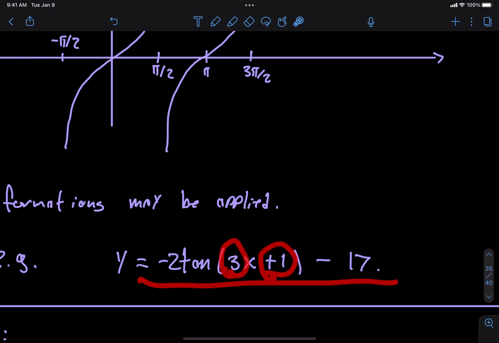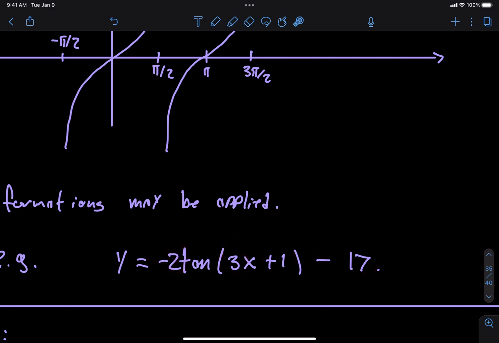And then what do we have? We have a vertical stretch by a factor of 2 and a vertical reflection about the x-axis. And then finally, vertical shift down 17. So that's just going back to that section we did on transformations.